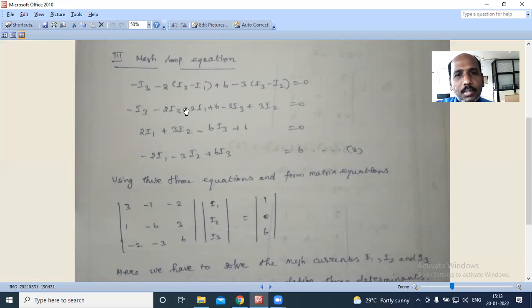Here minus 2I3, then minus 3 into I3, minus 3I3, then minus 3 into I2, plus 3I2, minus 3 into minus I2, minus of minus, plus. The rest of the things are minus I3. I'm considering the minus I3 as it is. This one is multiplied, and this equation also I multiplied. Then group all the I1.